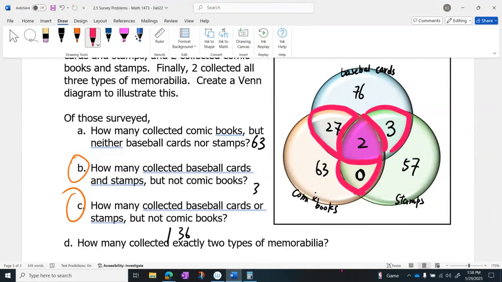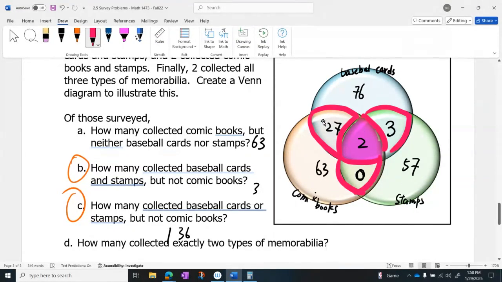Look at the 3 petals. Those 3 petals have collectors who collected exactly 2.